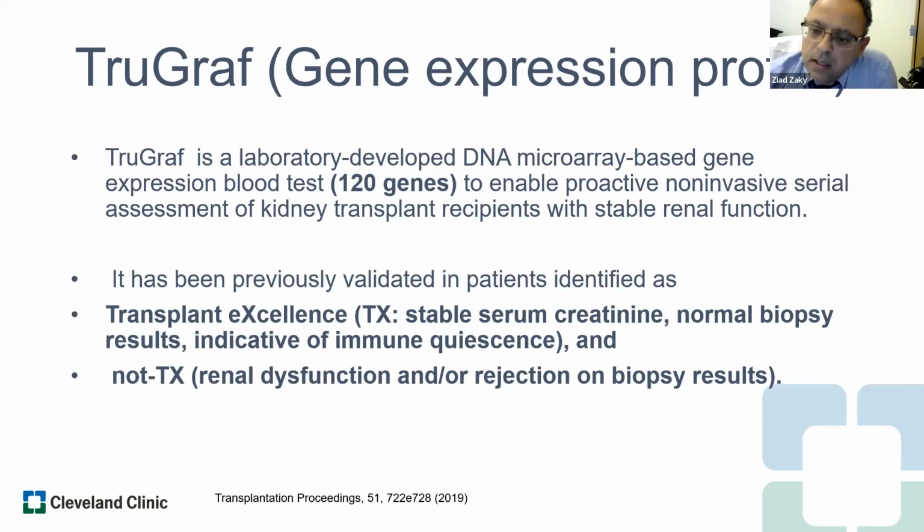What does it mean? If the patient has low expression of these genes, we call this transplant excellence, TX, meaning that probably you're going to have a normal biopsy, stable serum creatinine, what we call immune quiescence. Versus not TX means that there is high expression of these genes, and you are very likely having rejection if you do a biopsy. So not very satisfactory, but this is how it came up in practice.